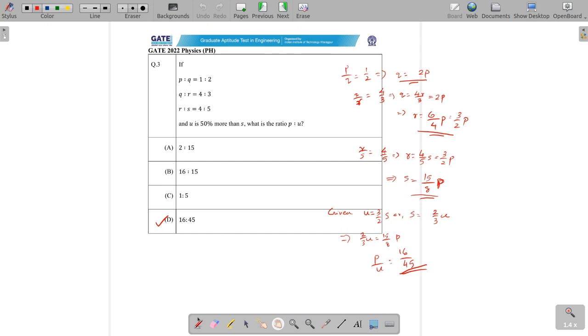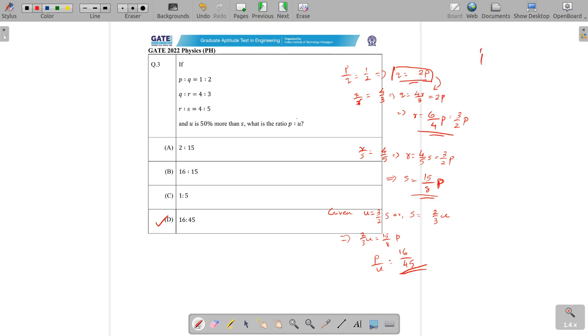It's not a difficult one. P by Q is 1 by 2 given, that means Q is 2P. Q by R equals 4 by 3, so just go step by step. Q is 4R by 3 and you can use this relation, the first relation, and put it here. So 4R by 3 is 2P.